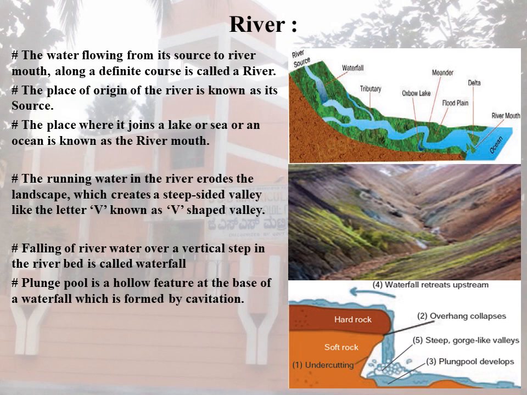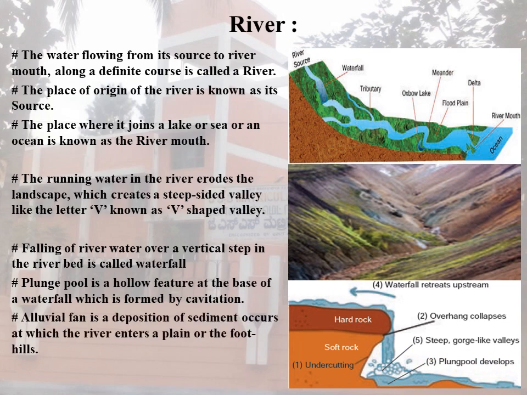The next is the alluvial fan. An alluvial fan is a deposition of sediments that occurs where the river enters a plain or the foothills. The soil carried by the river is deposited on the surface of the land. Those deposits are called alluvial fans.